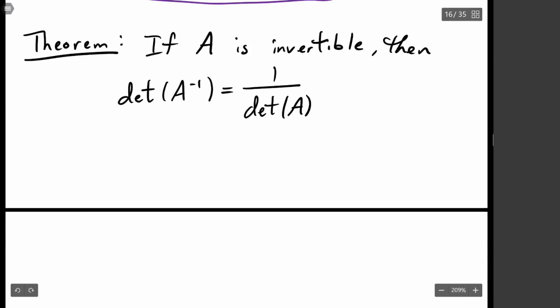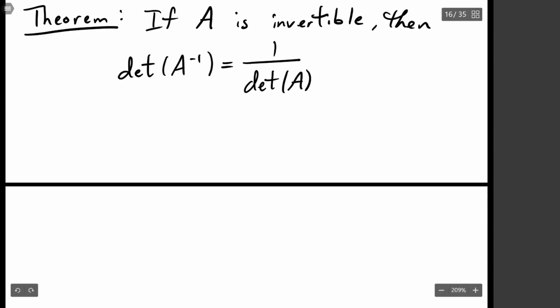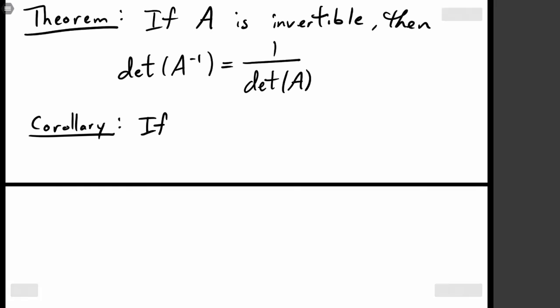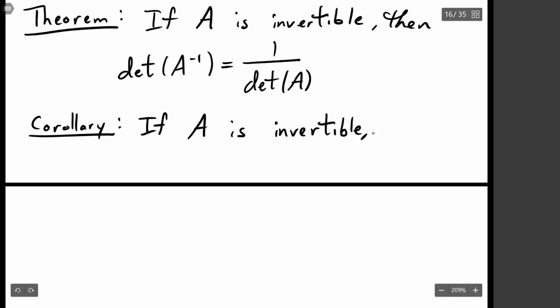But there's a very important corollary of this. Right? Which is if A is invertible, then something very important has to be true.